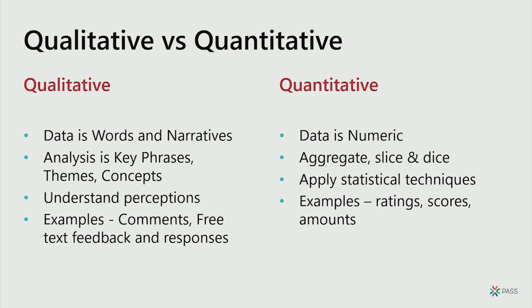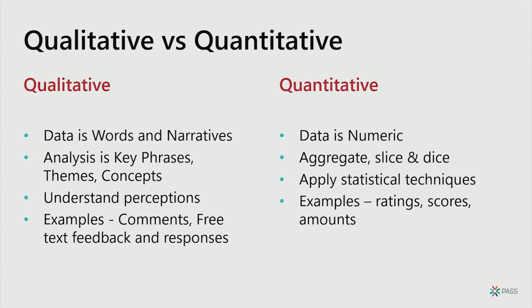But there is qualitative data, and that's what we are going to look at. And there is only a certain number of things that you can do to analyze qualitative data. To be able to apply statistical techniques on top of that qualitative data and to make it open to a lot of different types of analysis, you have to convert that into numbers.